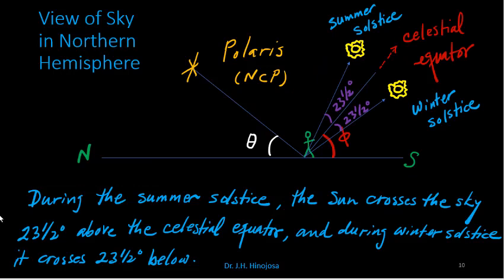So the view of the sky in the northern hemisphere during the summer solstice and the winter solstice: during the summer solstice, the sun crosses the sky 23.5 degrees above the celestial equator, and during the winter solstice, it crosses the sky 23.5 degrees below the celestial equator.